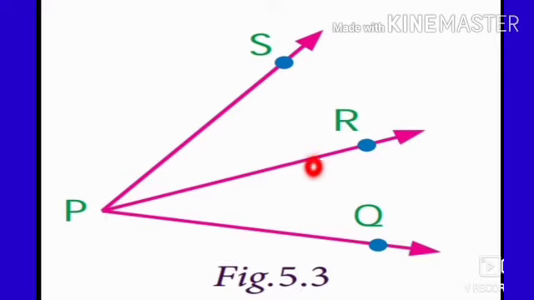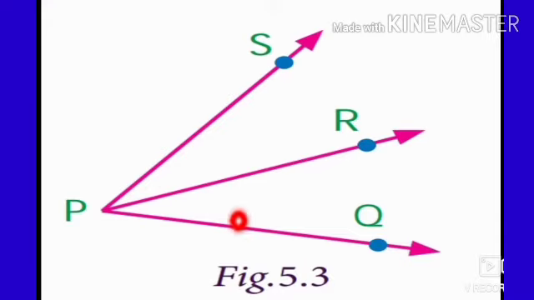So they are called adjacent angles. And also these two angles QPR and RPS together will make an angle QPS, which is an acute angle.